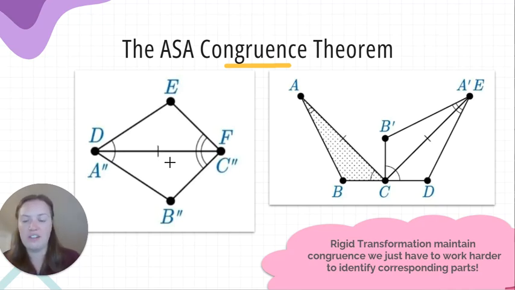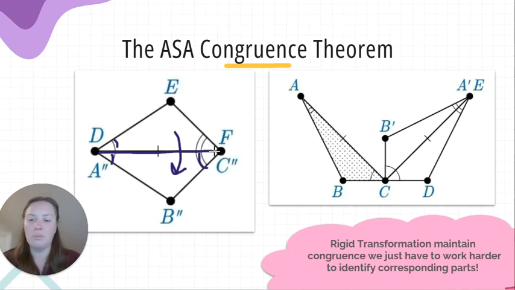So if I were to look on this side, if I were using angle-side-angle, we know that by the reflexive property, figures are congruent to each other. So when we reflect this across here, the reflexive property is going to tell us that angle F is going to be congruent to angle C prime, and angle D is going to be congruent to angle A prime.